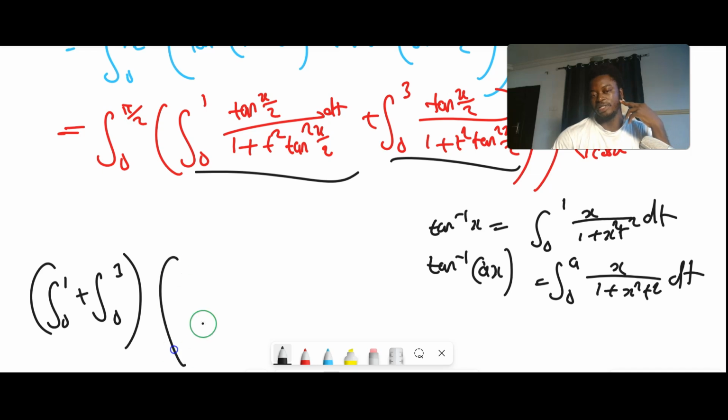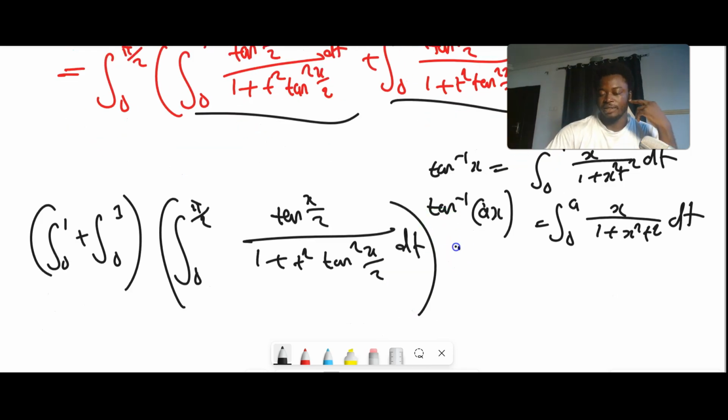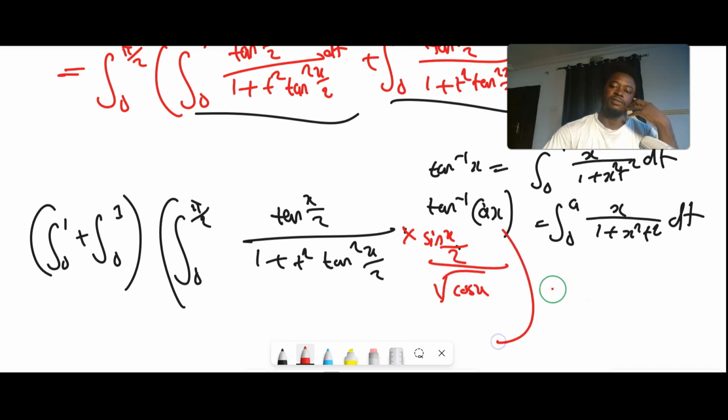Then we are going to try to integrate the integral from 0 to pi over 2 of just tan x over 2 over 1 plus t squared tan squared x over 2 dt, where everything is being multiplied by sine of x over 2 times square root of cosine of x dx, then dt.